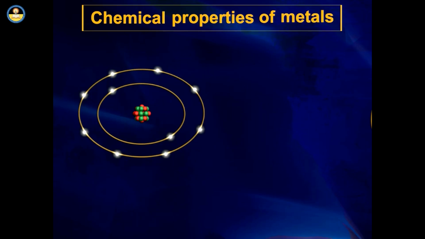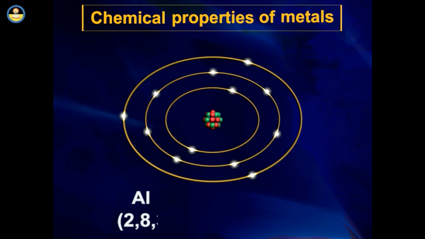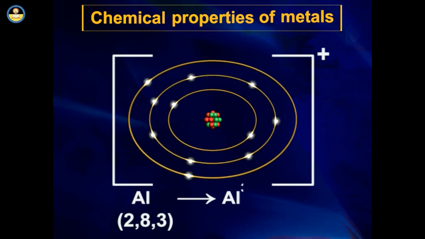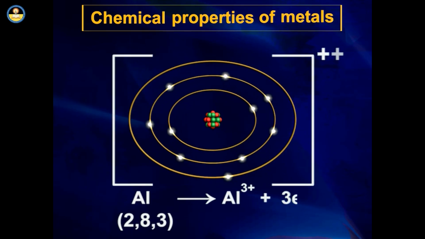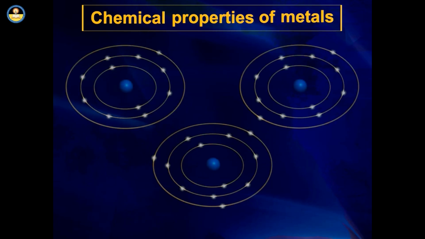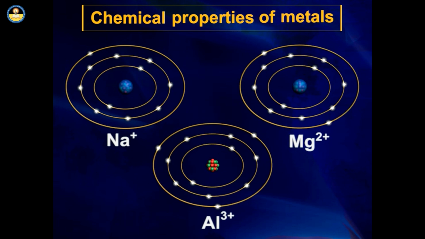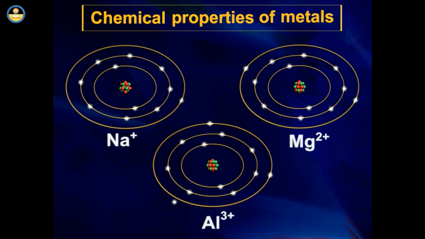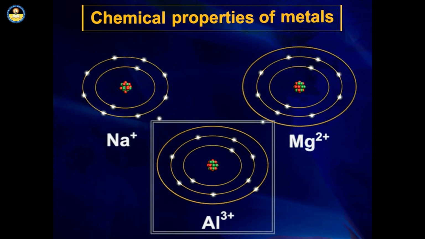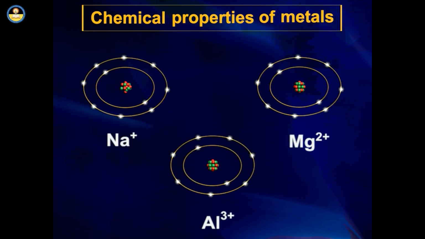And aluminium with electronic configuration of 2, 8, 3 gives Al3+ plus 3e^-. The chemical properties of metals are mostly linked with the electron-releasing tendency of their atoms. Greater the tendency, more will be the reactivity of the metal.